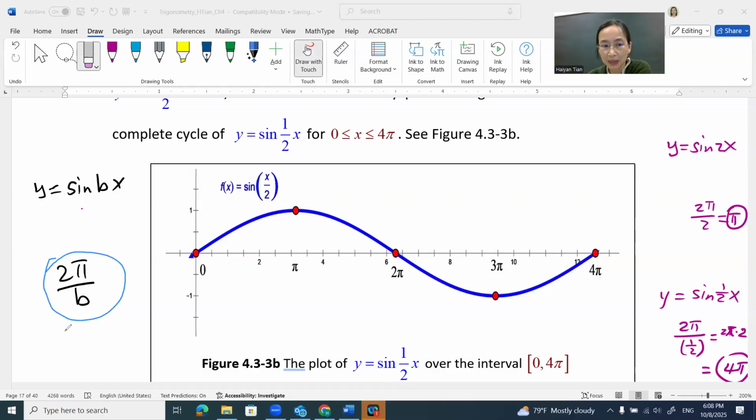The larger the b, the smaller the period. Like when we have a 2, the period becomes smaller. But if b is half, a smaller b, it corresponds to a larger period. So we notice the effect on the period: the graph is either stretched horizontally or compressed.